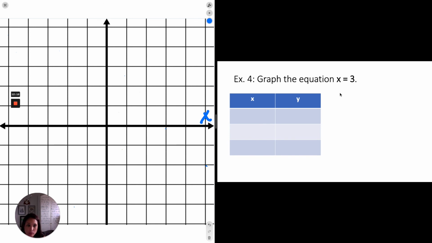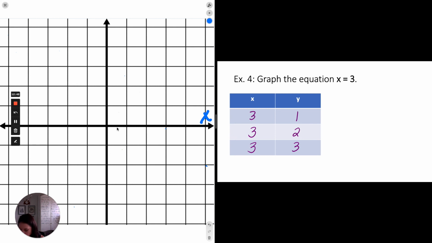So if I do have my table of values, when x is 3, y is 1. When x is 3, y is 2. When x is 3, y is also 3. So y is going to take any value, and x will remain 3.